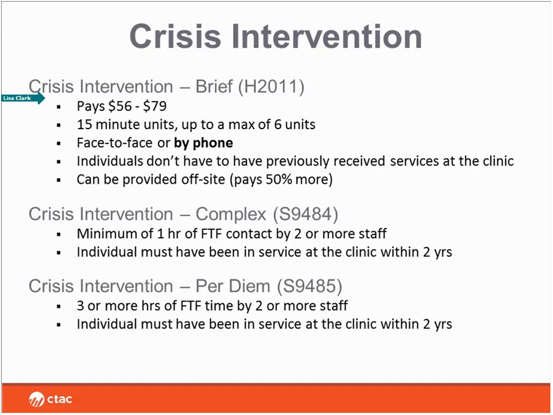Anything provided in the community off-site pays an additional 50% on that rate. Remember to use it. And then these are the other, crisis intervention complex and crisis intervention per diem. You're less inclined to use those. Those are less common.